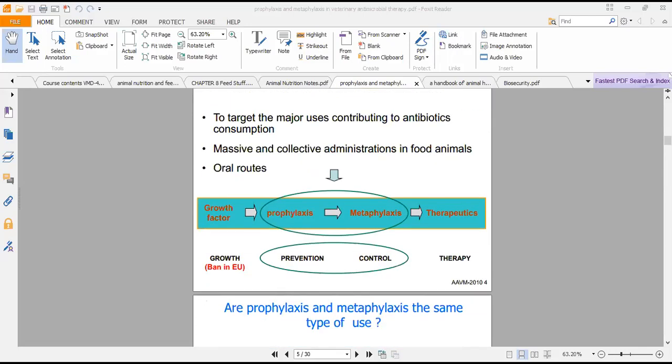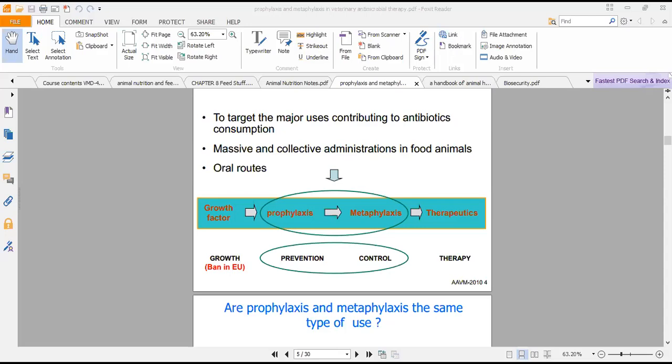In this picture, you can see the use of antibacterials, antimicrobials, antibiotics at different levels for different functions. For example, at some time point in the European Union, it was banned, but in Pakistan we are still using some antibiotics as growth factors in animals, especially in the poultry industry.